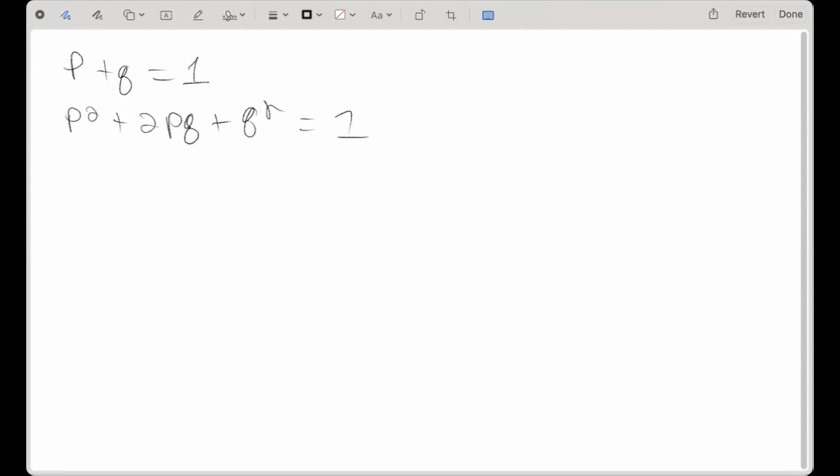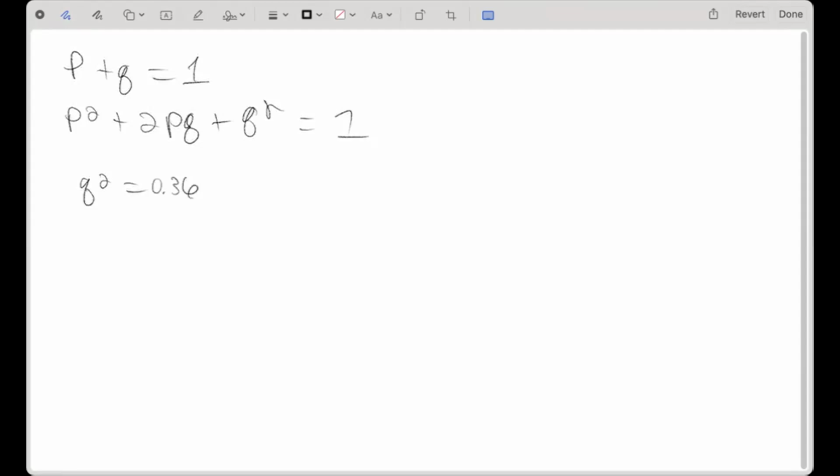That's important because what that tells us is the equivalent of q squared in our equations, because q squared represents q times q, and again, that represents the frequency of the homozygous recessive genotypes. So q squared equals 36%, or 0.36.